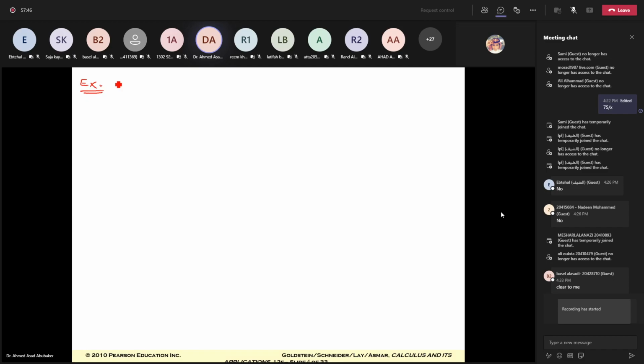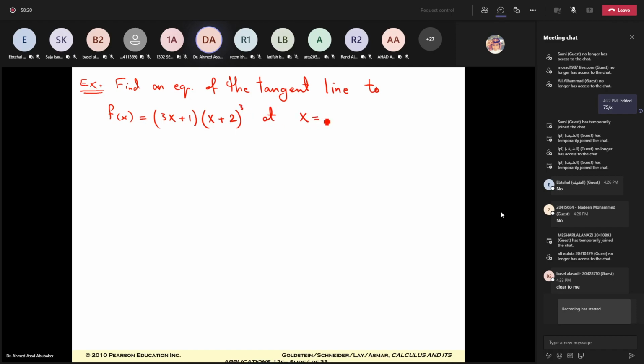Example: find an equation of the tangent line to f of x equals 3x plus 1 multiplied by x plus 2, all to the power 3, at x equals negative 1.